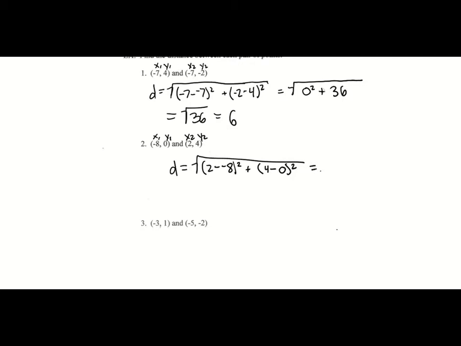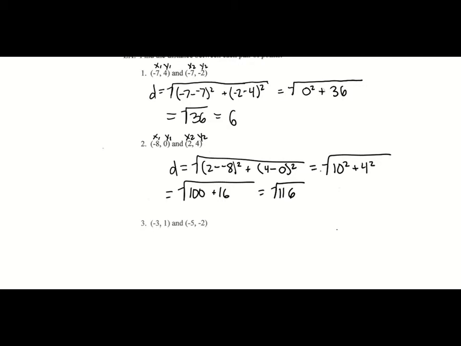Here I get 2 minus a -8 is 10, so I'm going to have 10 squared plus 4 minus 0 is 4 squared. 10 squared is 100, 4 squared is 16, so I get the square root of 116.